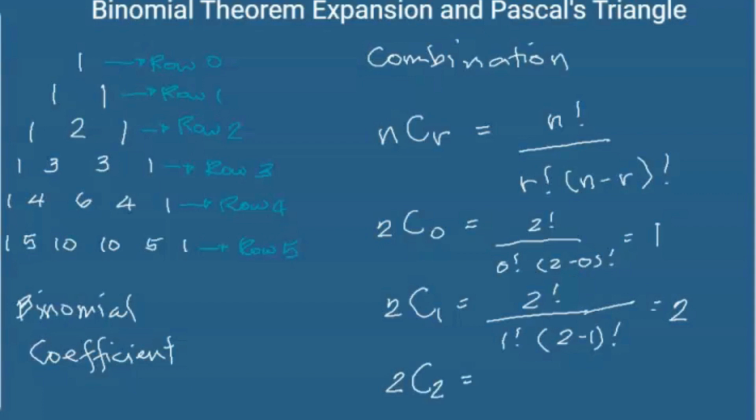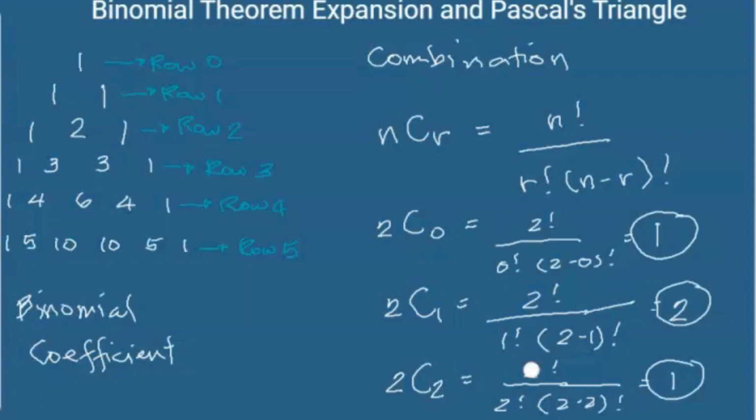See what you will get. So that's 2 factorial over 2 factorial times 2 minus 2 factorial, so this is equal to 1. So as you can see and observe, we have 1, 2, 1. Isn't that the coefficients at row 2? 1, 2, 1.